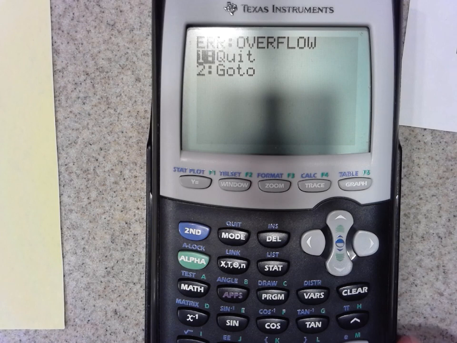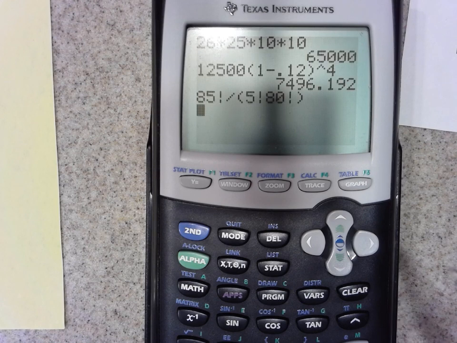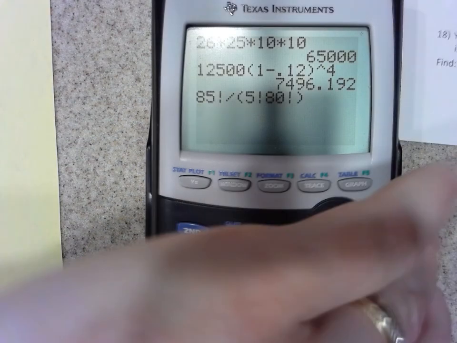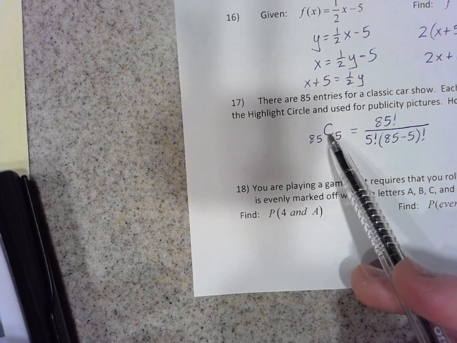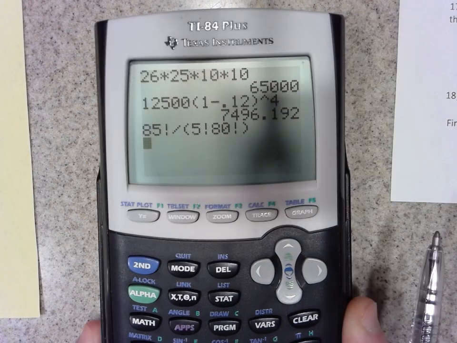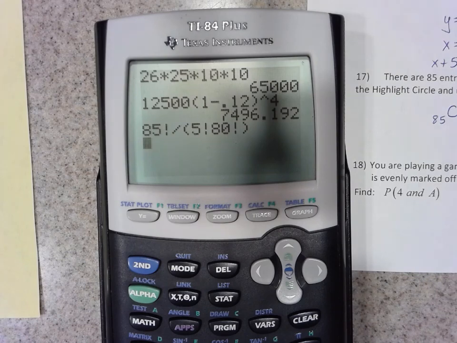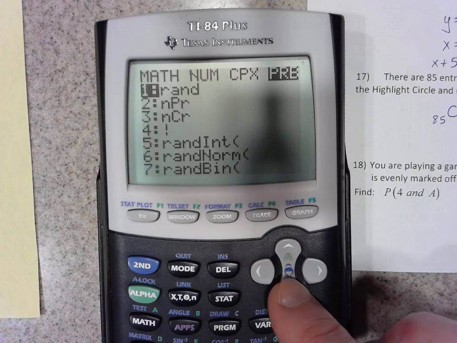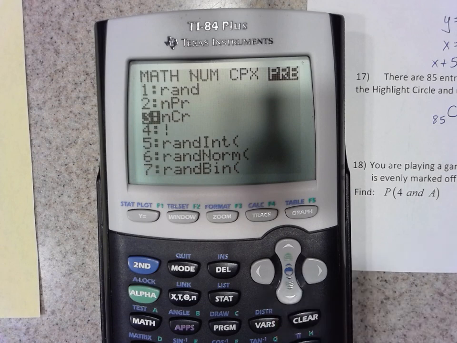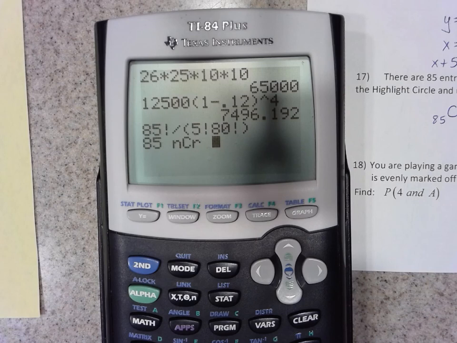But if the calculator doesn't allow me to do that, it might allow me to type it in directly with the combination 85C5. So if I try that option here, I type in the 85, then in the math menu over to probability, this is a combination. So the third option, nCr. On the yellow calculators, I can't remember if it's the first or second option, but select nCr, and then the r value is 5.